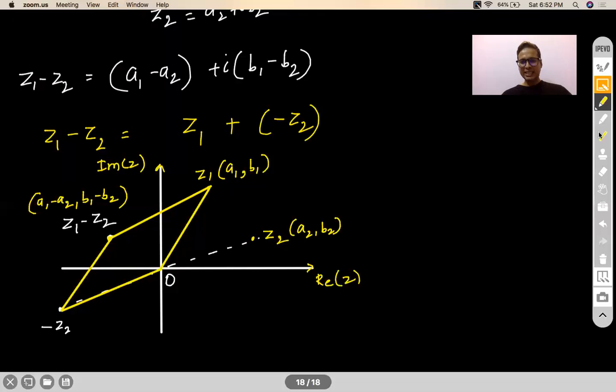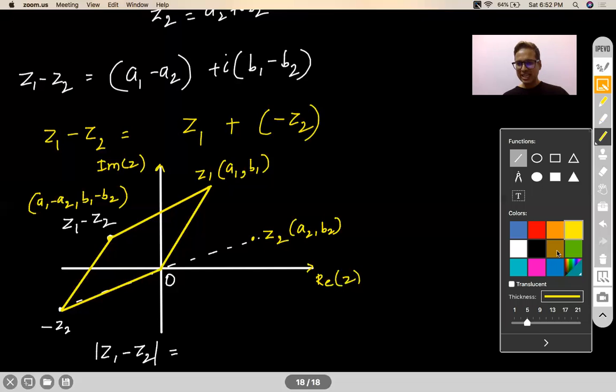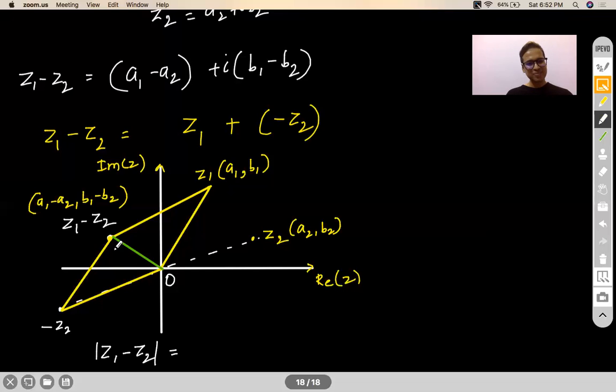Okay. Now from this diagram, what is the magnitude of z1 minus z2? So you will say the magnitude of z1 minus z2 is the length of this line. Correct. So this line is mod z1 minus z2. Correct. Right. So let's see, I call this as A point, B point, let's say C point.